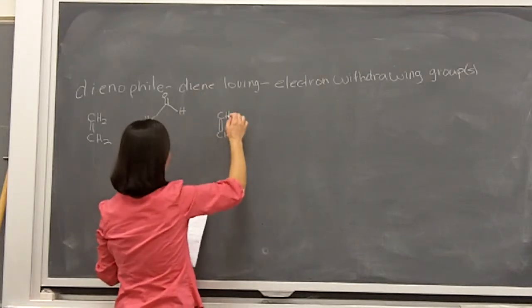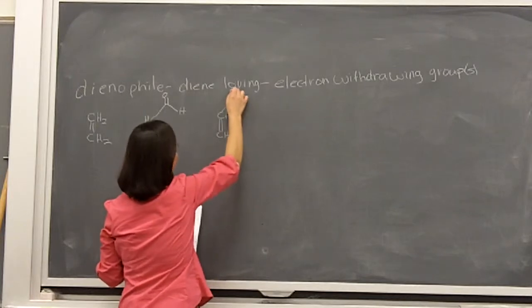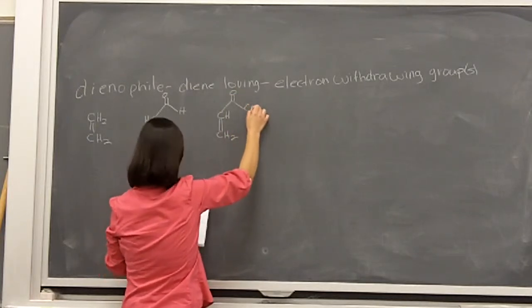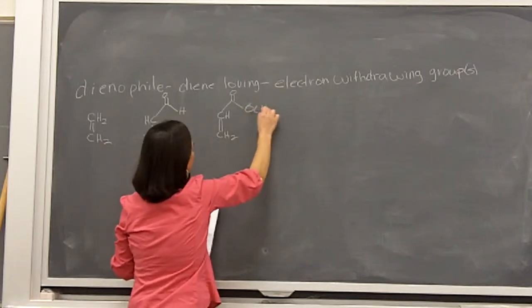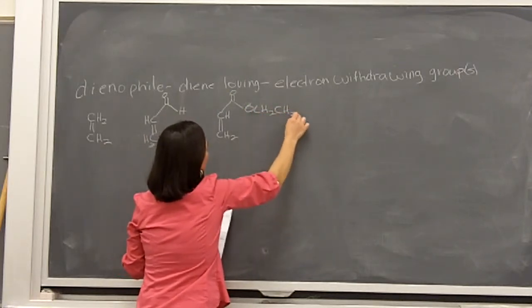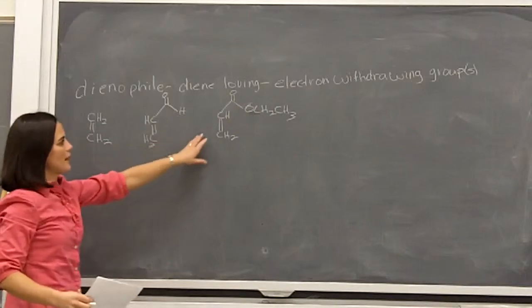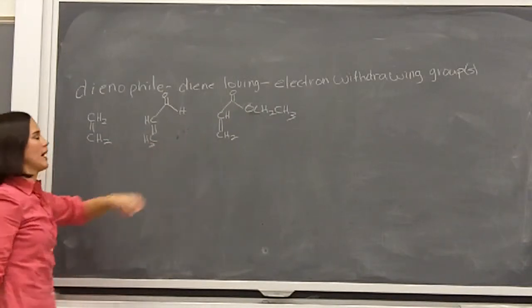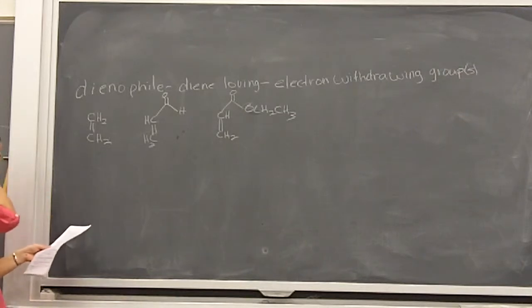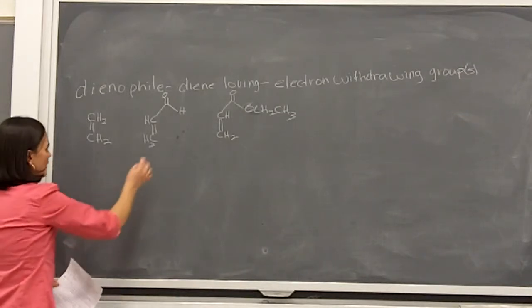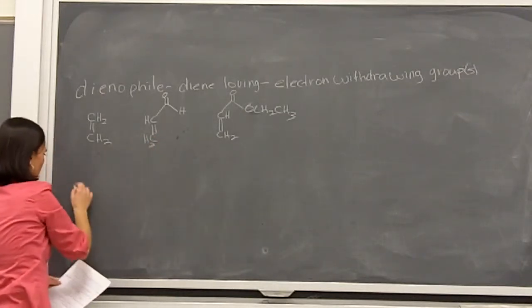Even better yet, we put our ester off of it. Then these two guys are going to make a much better dienophile than this guy, okay? And so these will react much faster than this guy.